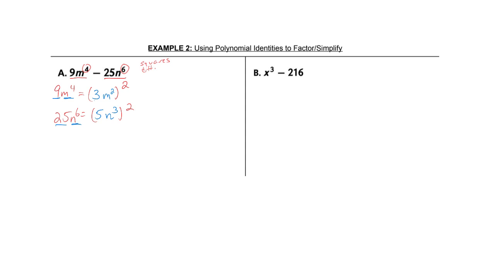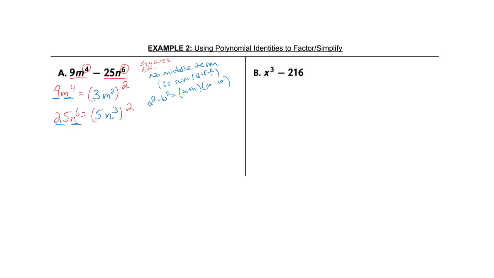Okay. Now, we do not have a middle term. No middle term. It canceled out. So we know we're going to use the sum and difference. Remember, sum and difference is a squared minus b squared, which came from a plus b times a minus b.